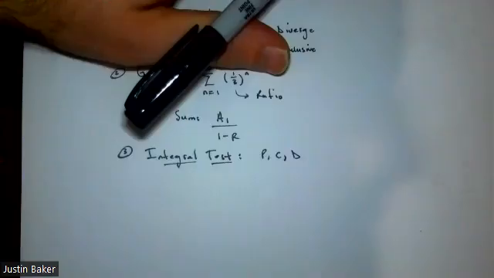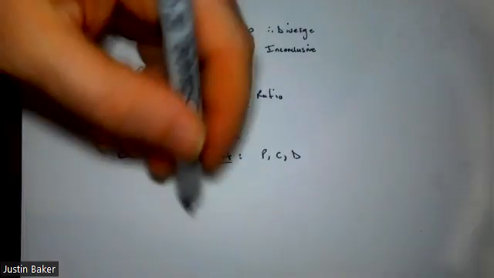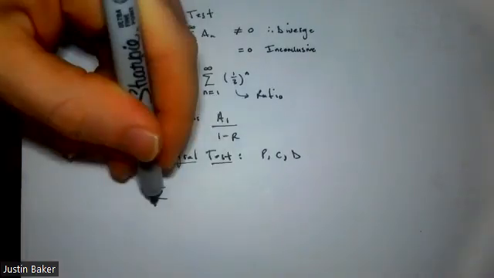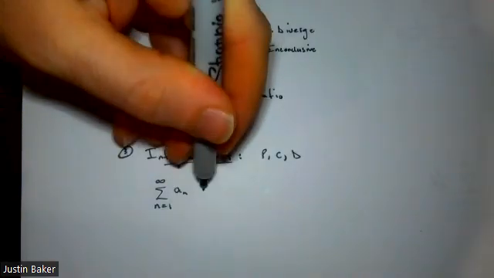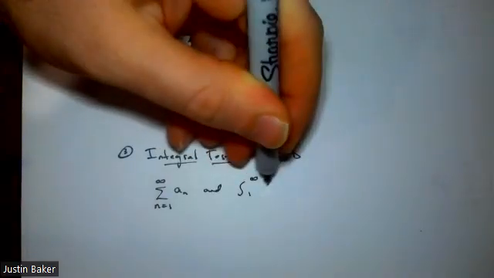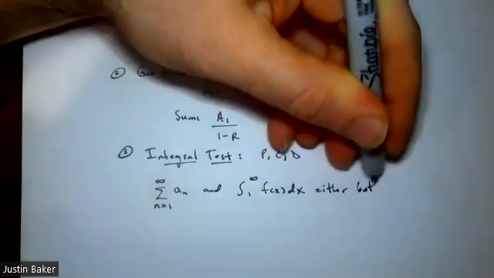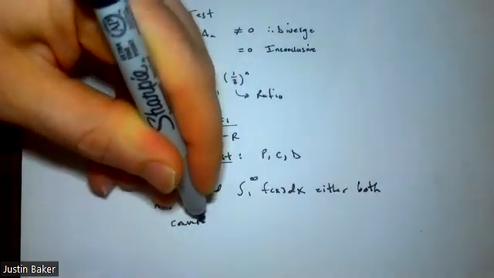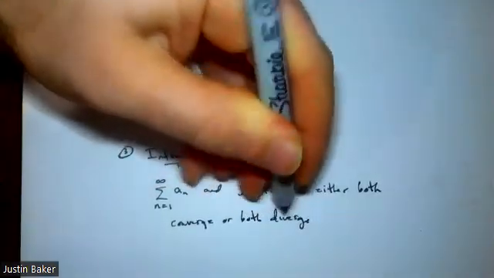And if you can show those three things to be true, then the format for that was that the summation of n equals 1 to infinity of a sub n and the integral from 1 to infinity of f of x dx either both converge or both diverge.